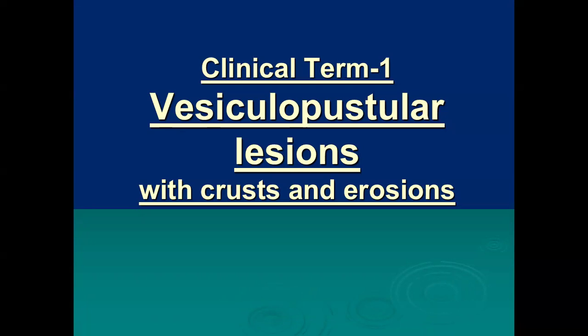Since the lesions are vesicular and pustular, they will definitely burst open and release the pus or the fluid content, and will lead to crusting. Once the crust is removed, it will lead to erosions. So vesiculation, pustulation, crusting, and erosion is how the lesions evolve.